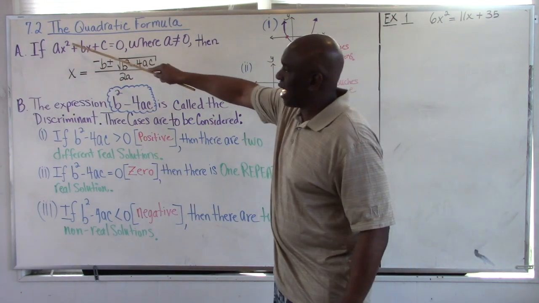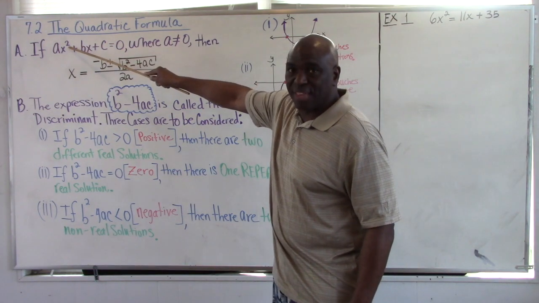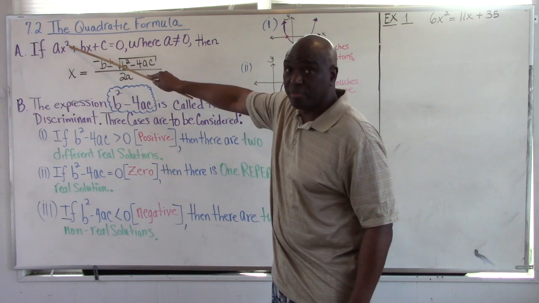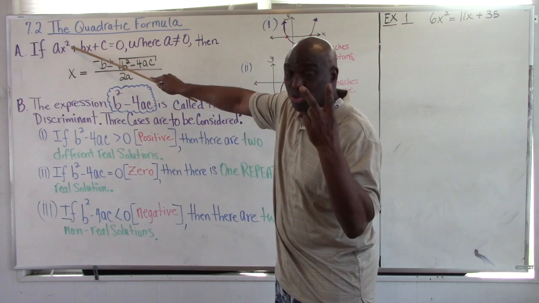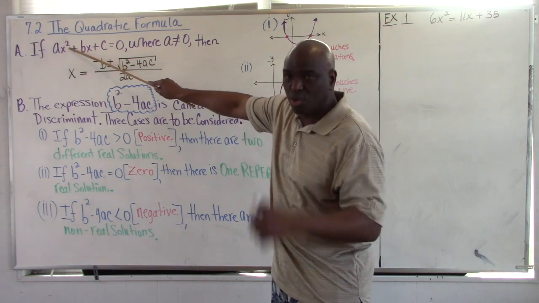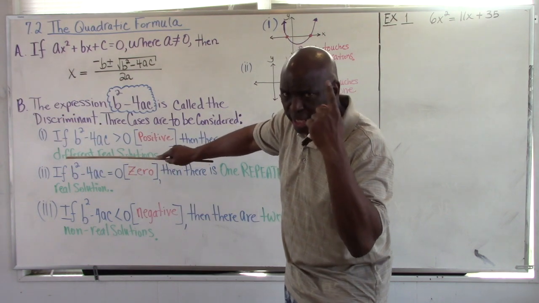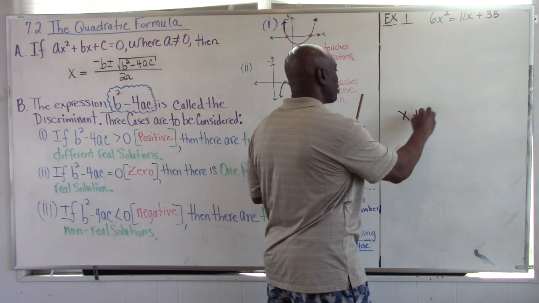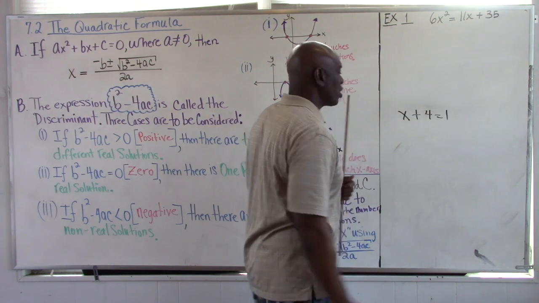Because a quadratic is squared, and the degree of the polynomial tells us how many solutions we ought to have. If it's squared, we ought to have two solutions. If this were a power of 1, we would have one solution. Remember that? For example, if I have x plus 4 equals 1, what's my power right here?